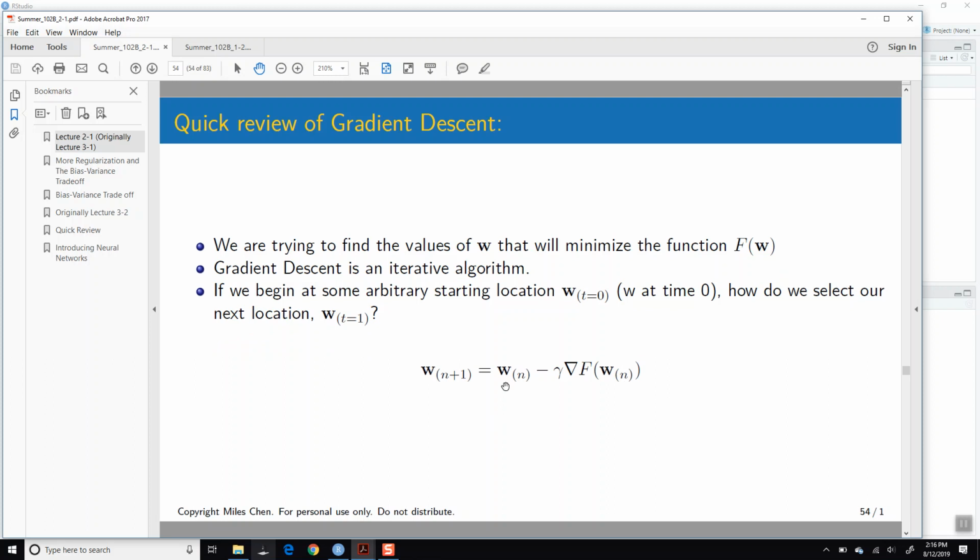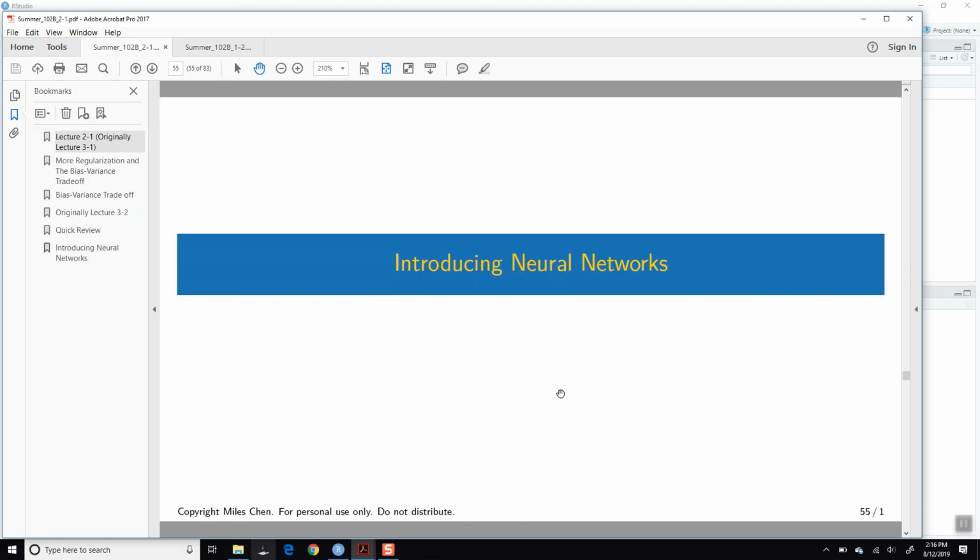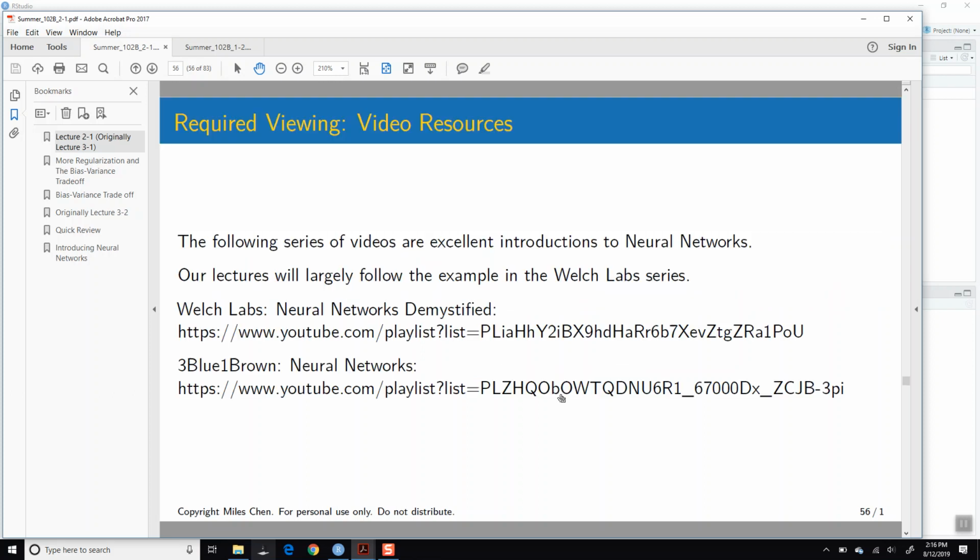So if we're currently at W at time n, then W at time n plus 1 is just our current W minus the step downhill. The gradient points uphill, we subtract that, so we're taking a step downhill. And it's tempered by our learning rate, so that we're not taking steps that are too big.